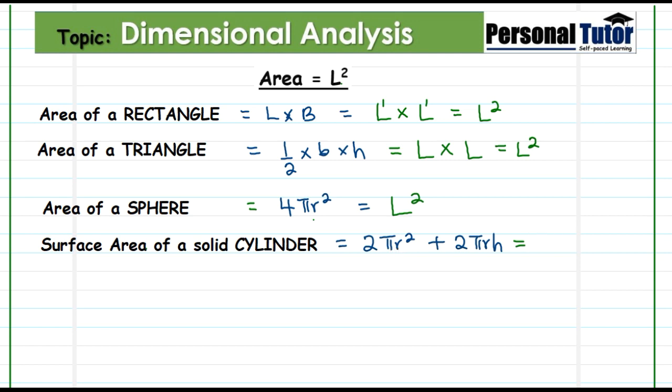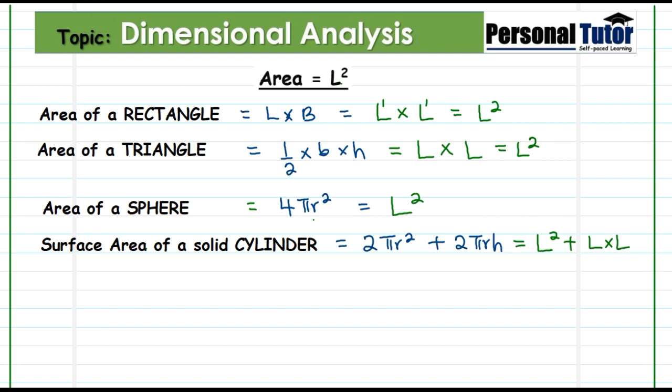Radius is a length, and it is squared. Plus 2, ignored because it is dimensionless. Pi, ignored because it is dimensionless. Radius has its unit to be length, times height, also length.